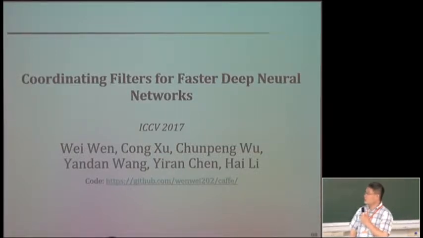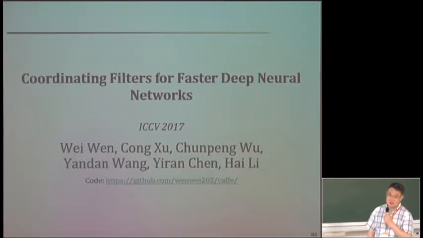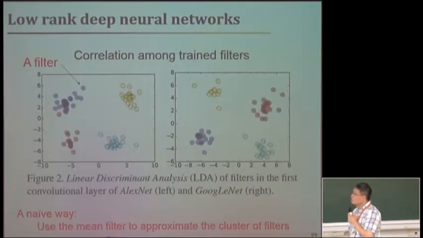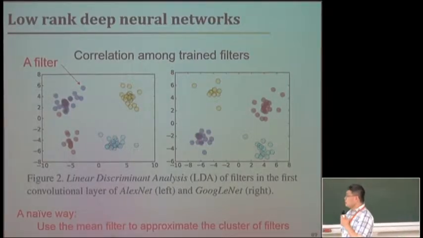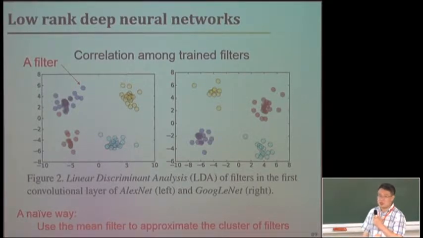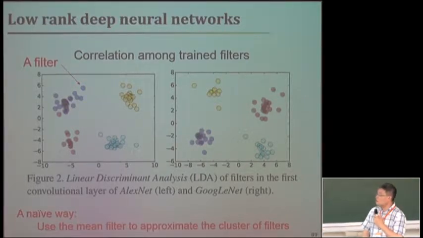The basic idea is how we can automate the filter reduction so we can reduce the scale of the deep learning neural network but still maintain similar accuracy. I believe a lot of people know PCA, principal component analysis, and there is similar technology in deep learning, like linear discriminant analysis.